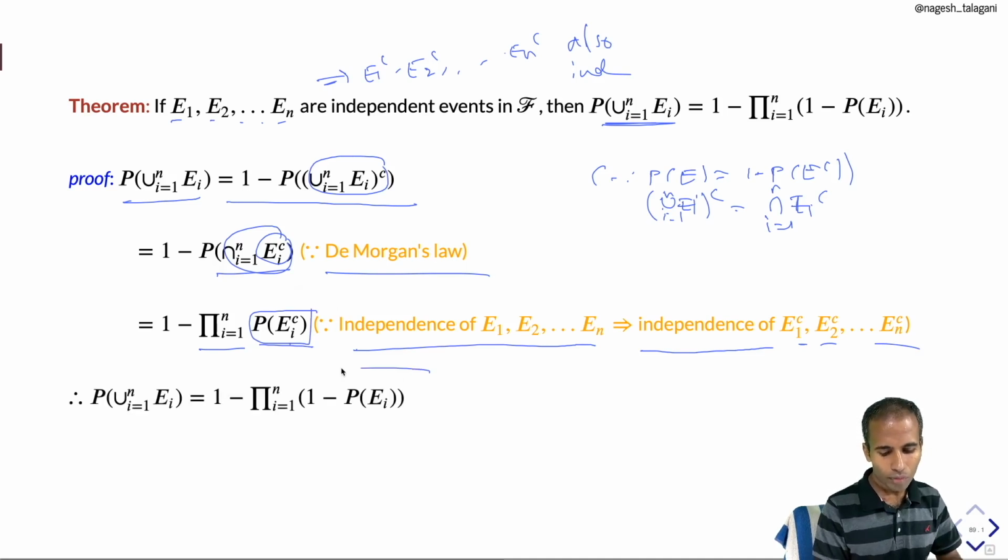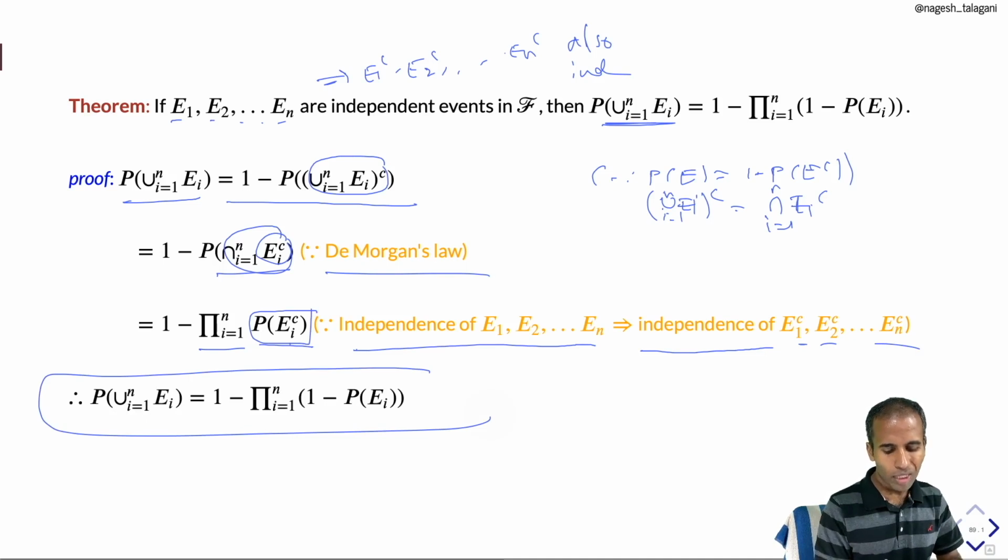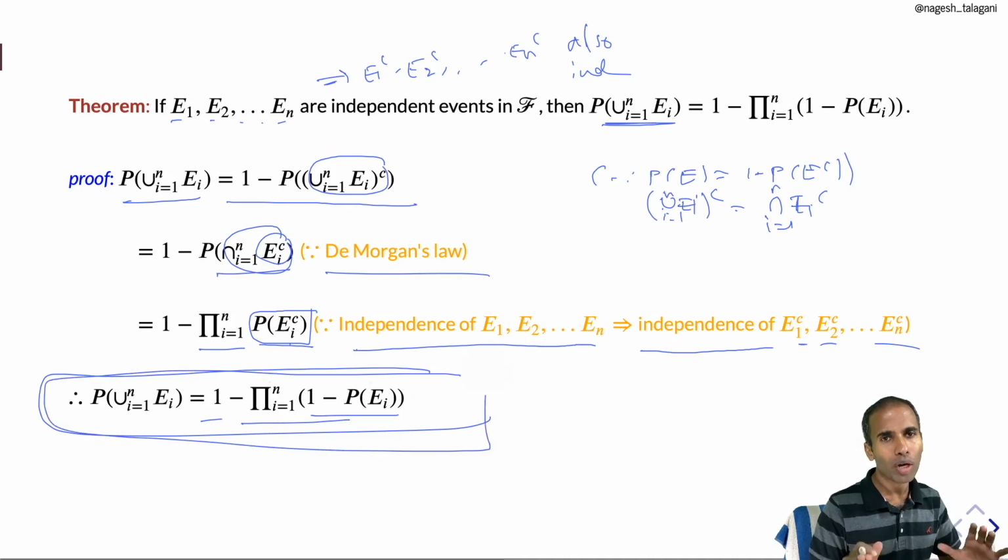So therefore we have the probability of the union, i equal to 1 to n, Ei, equal to 1 minus the product, i equal to 1 to n, of 1 minus the probability of Ei. This is a very handy tool to compute the probability of this union when we know E1, E2, and so on, En are independent. Okay. Fine.